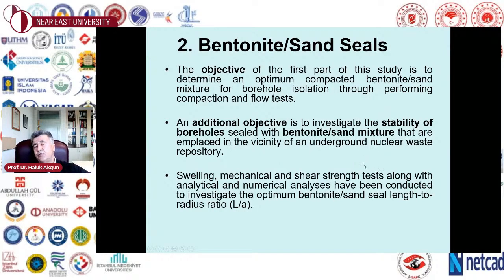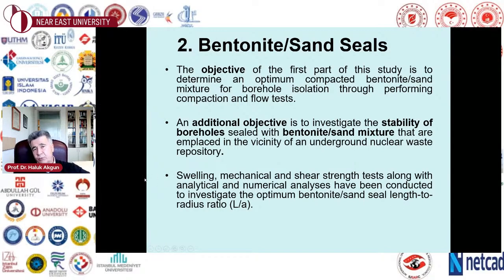And as an additional objective, we also studied the stability of these boreholes plugged with bentonite sand, and we looked into the shear stress and the shear strength, and tried to design bentonite sand seals with acceptable length to radius ratios. Then, to do the stability analysis, we had to perform some geotechnical tests on the optimum bentonite sand seal selected.